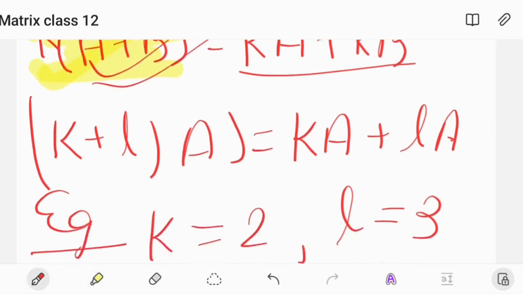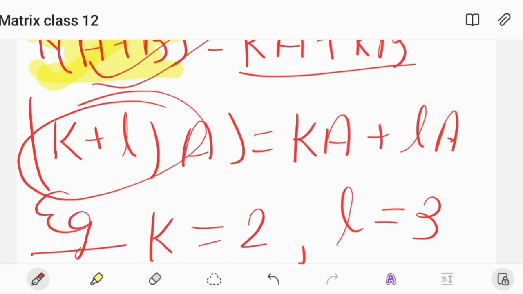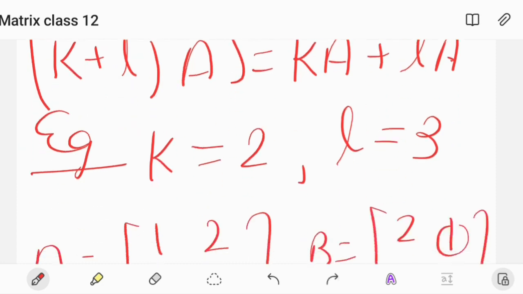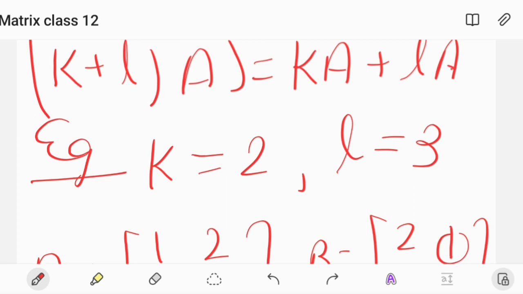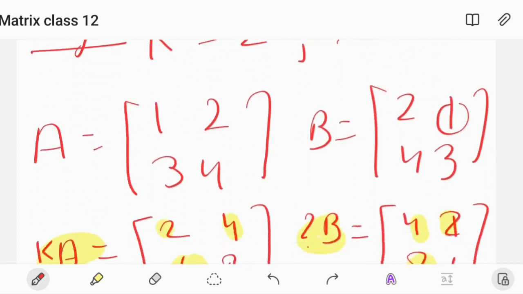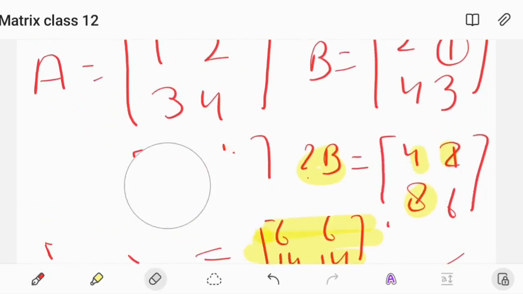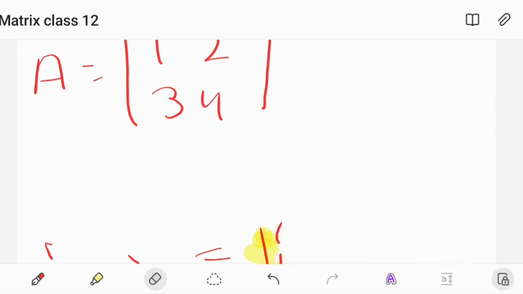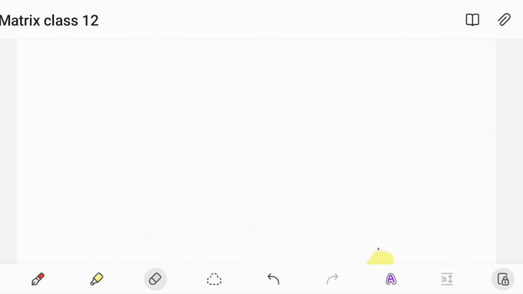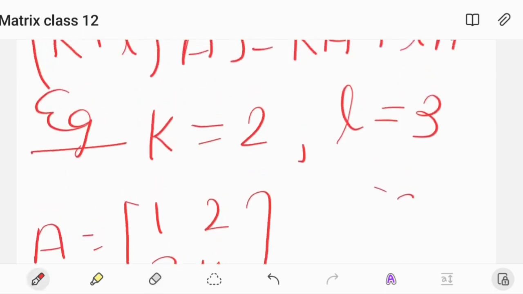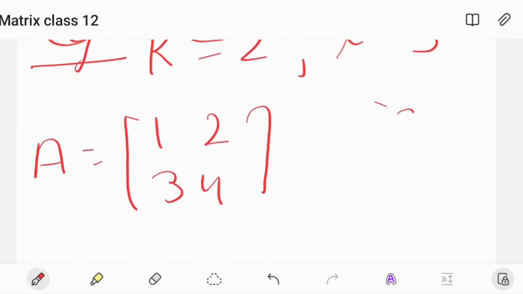Now let's understand the other property with the help of an example. Let my k, l, A be all the same. Let me erase this. So what is my LHS?